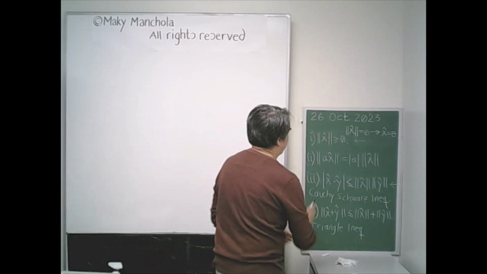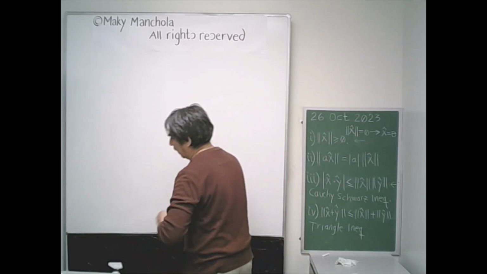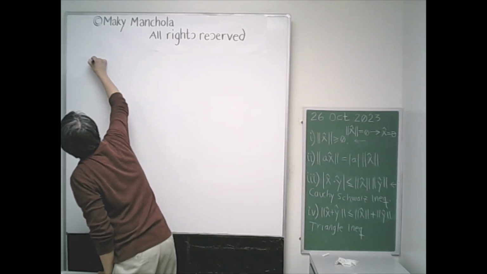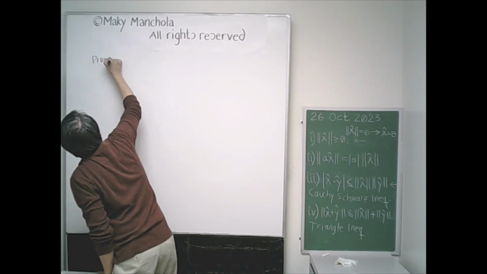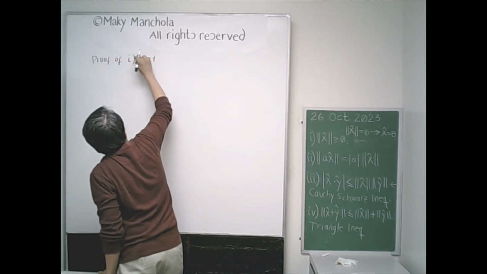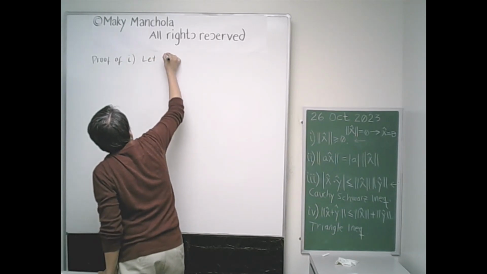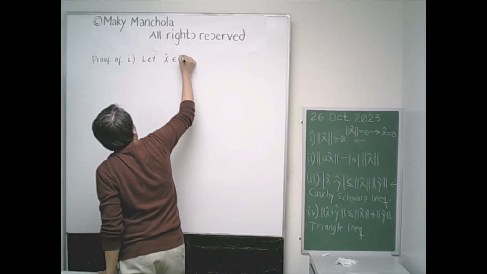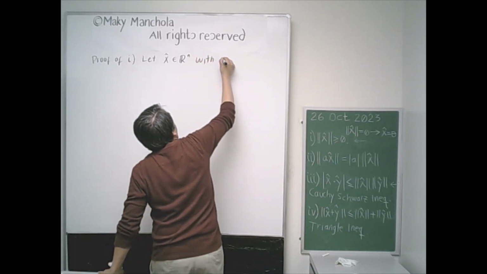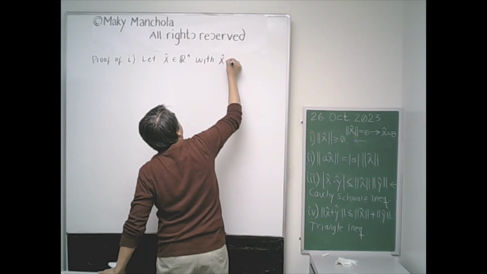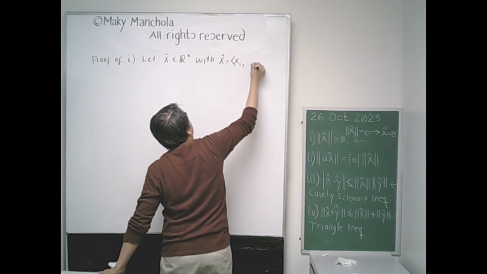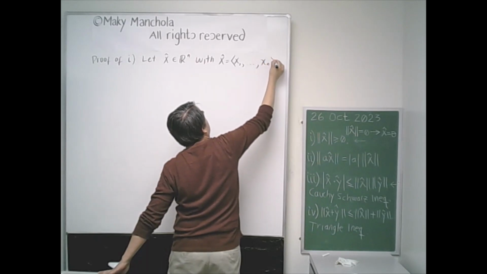Okay, so let's try this first. Let x hat be in Rn, with x hat equaling the vector whose entries are x1, ..., xn.